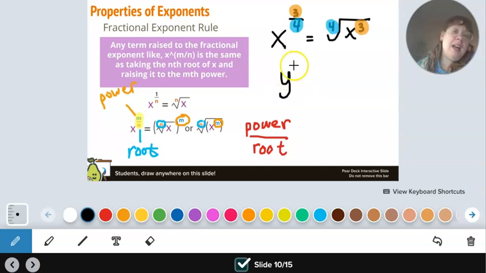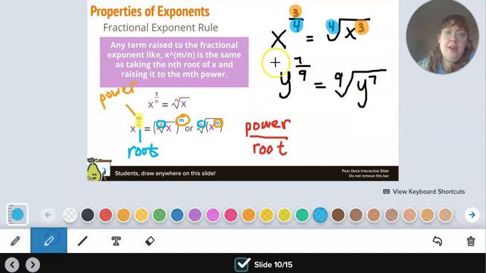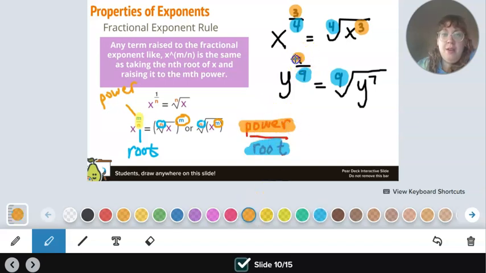Let's do another one. If we have a y to the 7/9 power, so we have a fractional exponent. So power over root. The root is 9. It's the 9th root of y to the 7th power. So again, here's our root. And here's our power, like so.